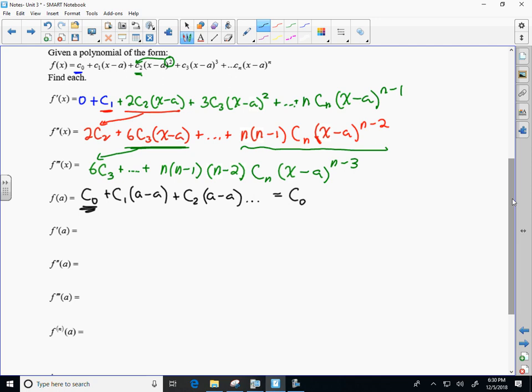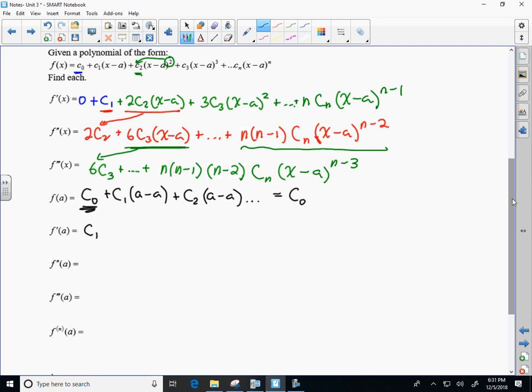Then we're going to do it for the first derivative. Here we can just reason it out. Rewrite f prime of x; everywhere I have an x minus a, it's going to zero out. So from your third term all the way down the line, everything's gone. All we're left with is a 0 plus c sub 1. So we're looking at c sub 1.